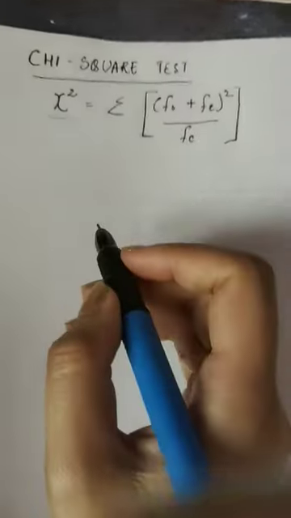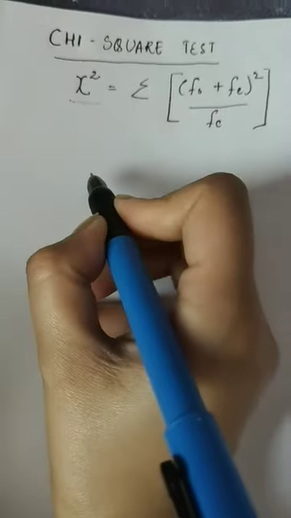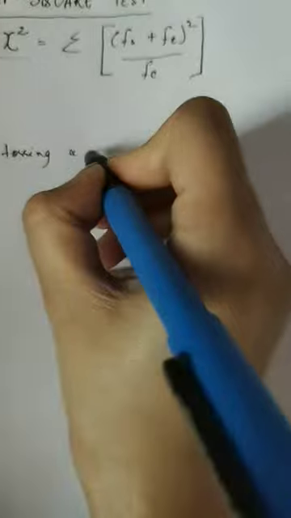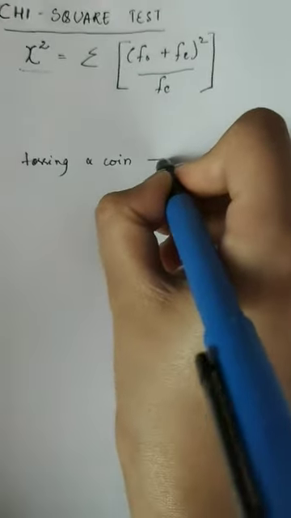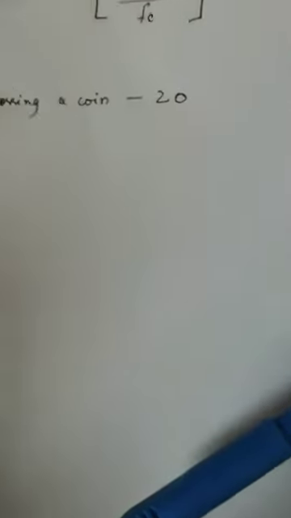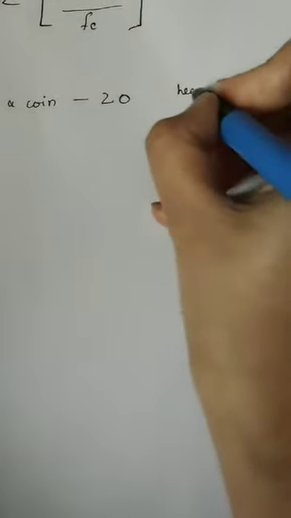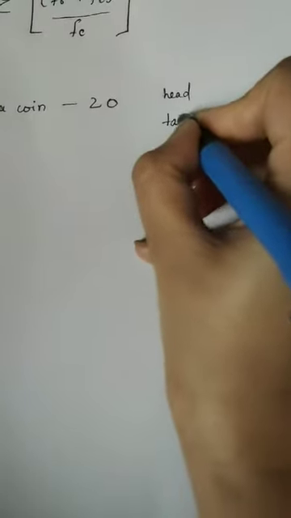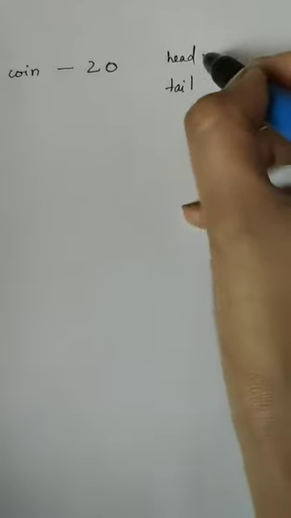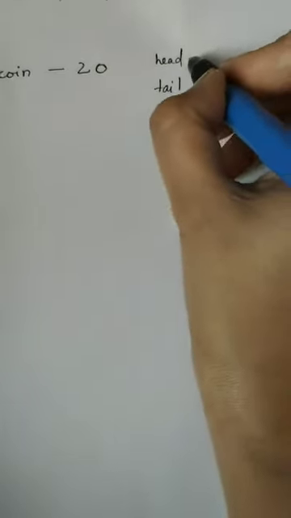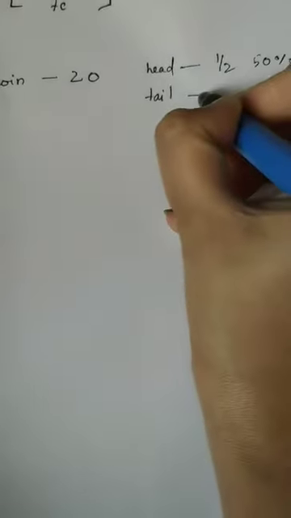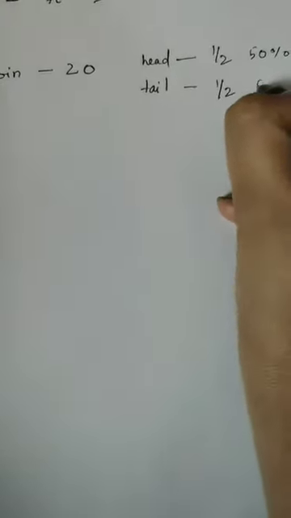For example, when we say frequency, think of tossing a coin. When you toss a coin 20 times, the result will be either head or tail. What we expect is that the chance of head is 1 by 2, which is 50%, and the chance of tail is 1 by 2, 50%.